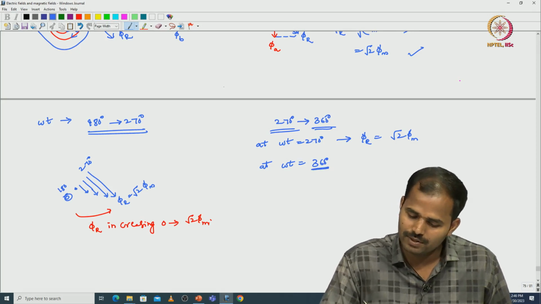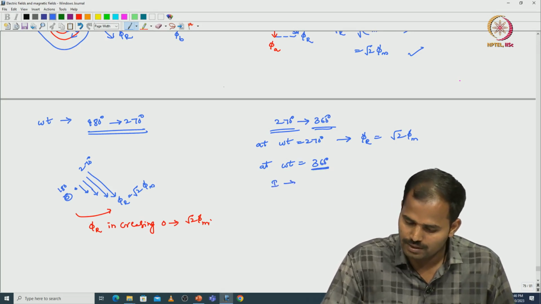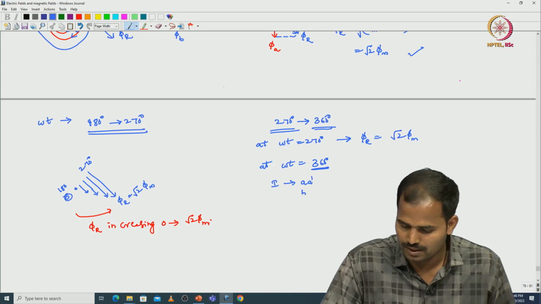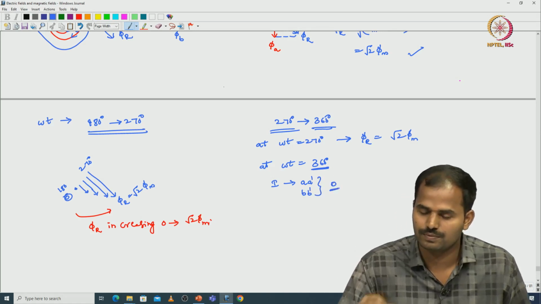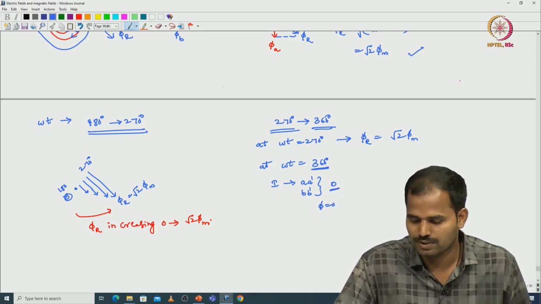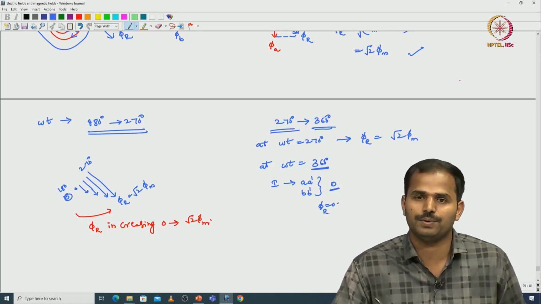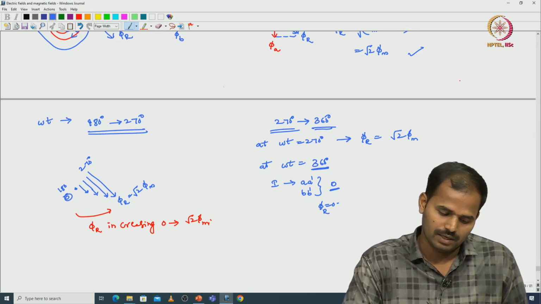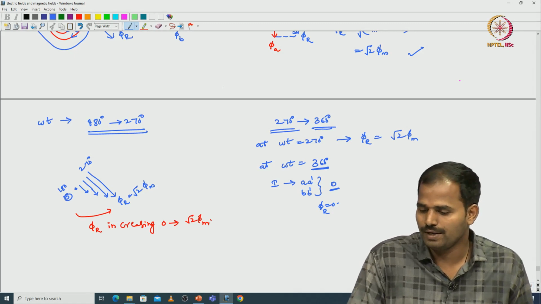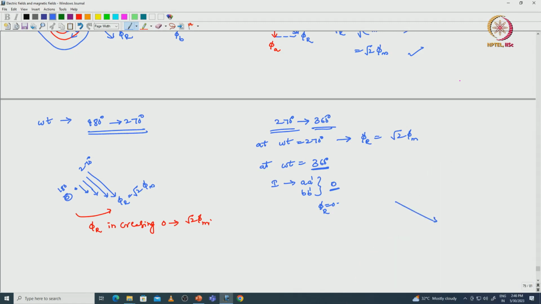At omega t equals 360 degrees, the current to the coils A dash and B dash is 0. That means flux equals 0, the resultant flux vector magnitude. And the direction at 270 degrees is in the fourth quadrant at 45 degrees, right.